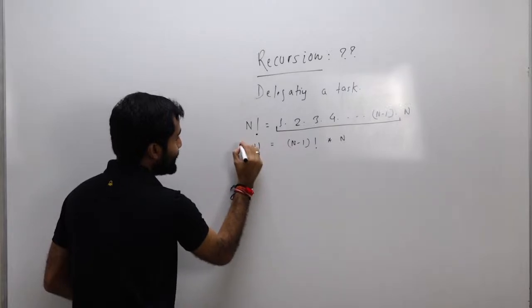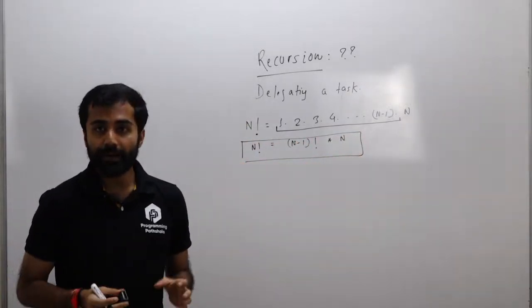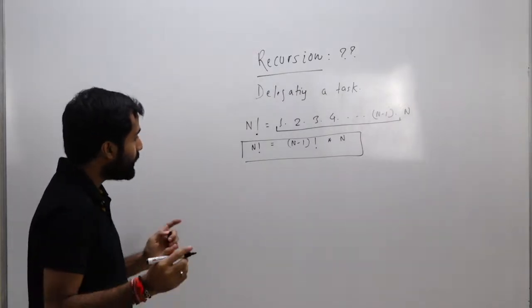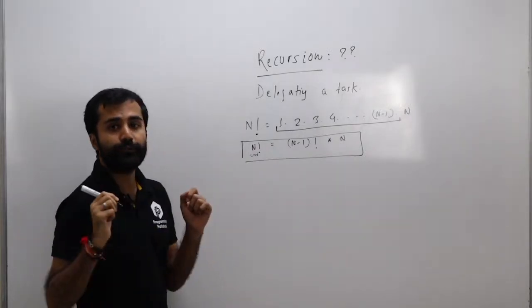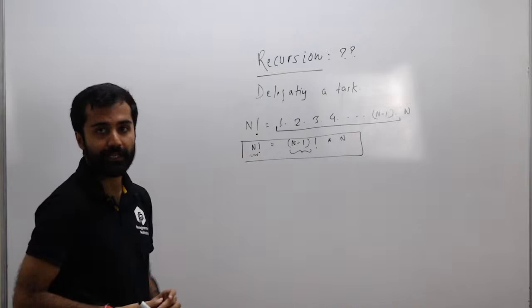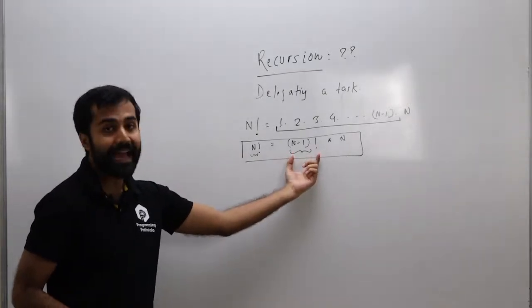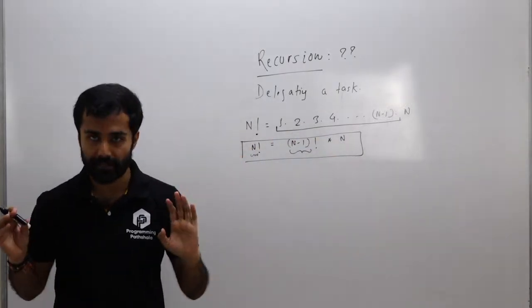Now if you look at this expression, it has a lot to say. What it basically is saying is that, hey, if you want to know the factorial of a number n, then you should first somehow figure out factorial of a smaller number n minus 1. Because if you know that, you can simply multiply it with n and you will get your result.